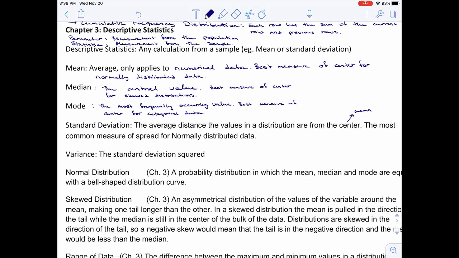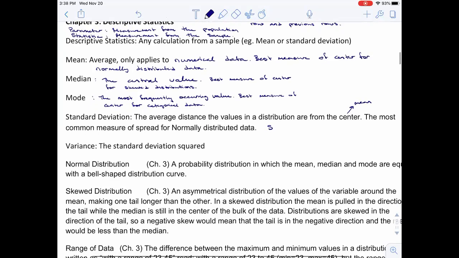And then the variance is just the standard deviation squared, so we could just as well use that, right? Whenever we can use the standard deviation, we can also use the variance and vice versa, because they're just the square and the square root of each other, right? And so if the standard deviation is S, then the variance is S squared.